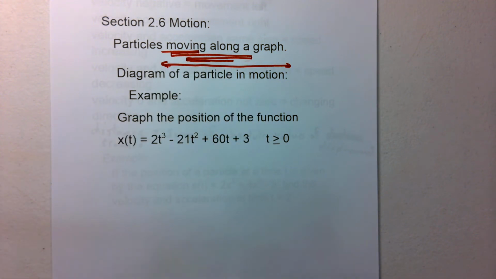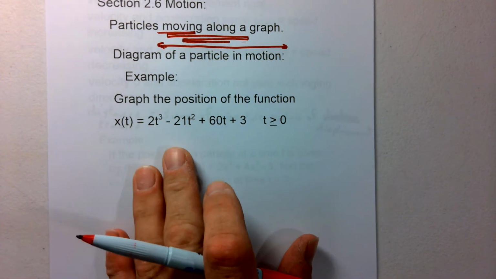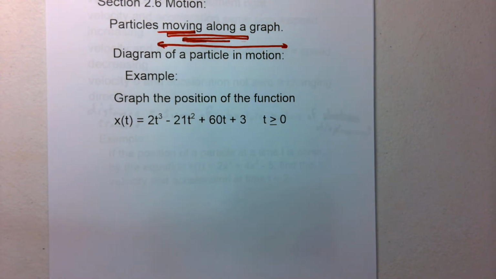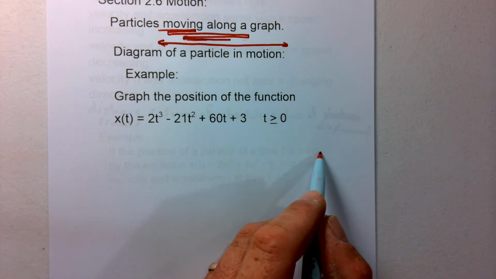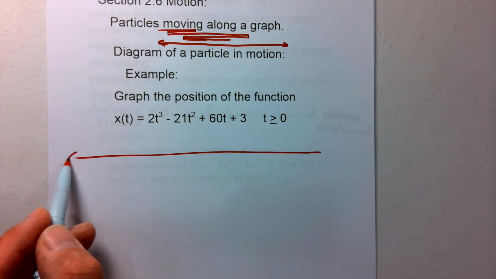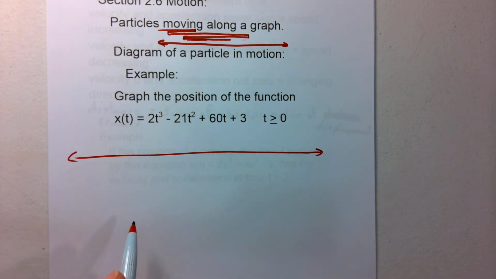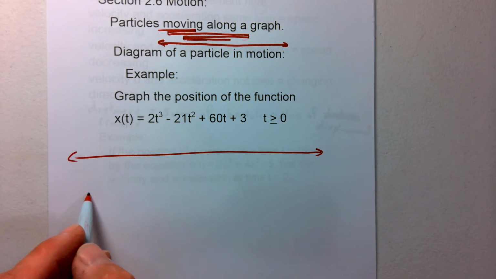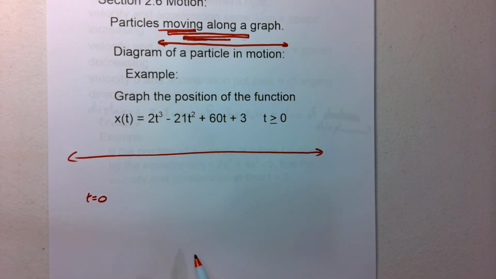So an example of that would be x of t equals 2t to the third minus 21t squared plus 60t plus 3. And what I want to do is go ahead and plot out what that's going to look like on a number line. The first thing we're going to do is find what happens at t equals 0.